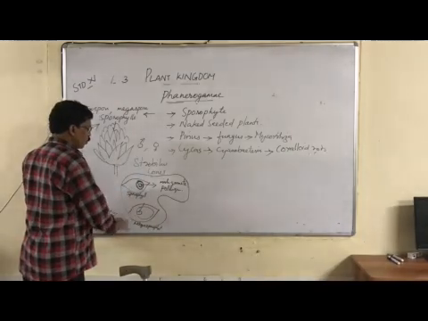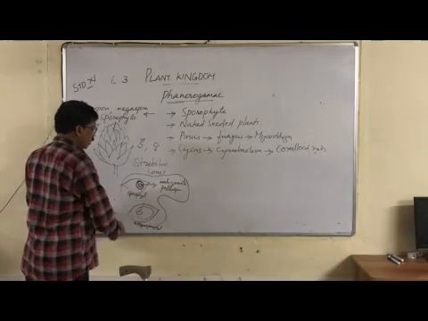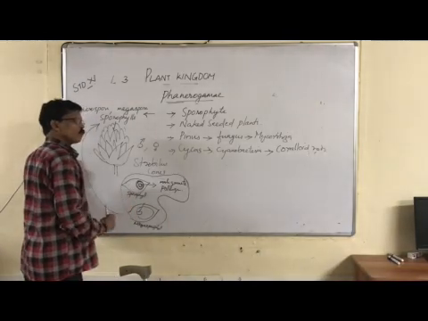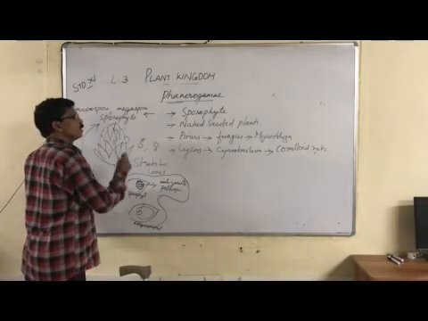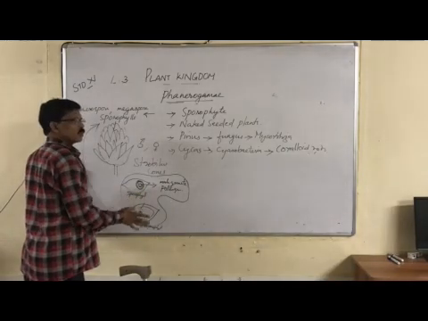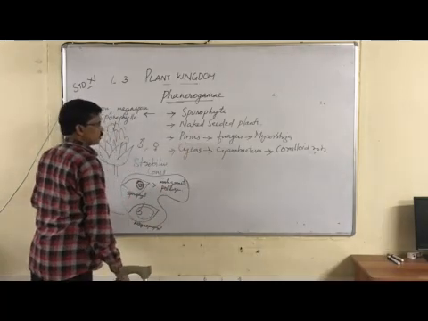Here the ovary is not there, only the ovule. Absence of ovary results in the absence of fruit. So in gymnosperms, the ovary is absent, hence the fruit wall is also absent. The ovule directly becomes the seed. So the seed is exposed. That's why they are called naked seeded plants.